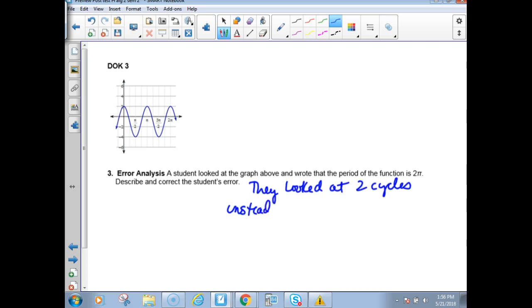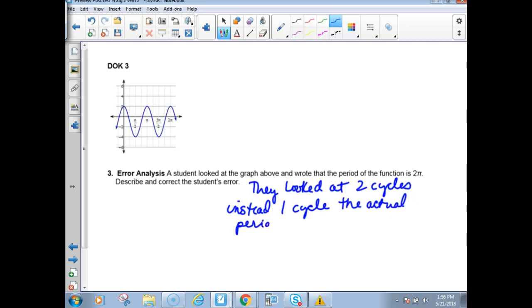My pen is acting strange, so I'm having to hesitate, and I'm losing my smoothness of wording. All right. Looked at 2 cycles instead of 1 cycle. The actual period is pi.